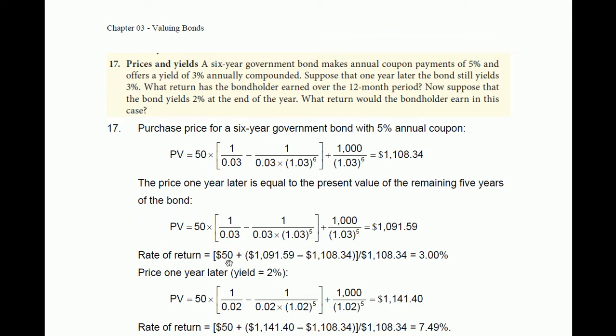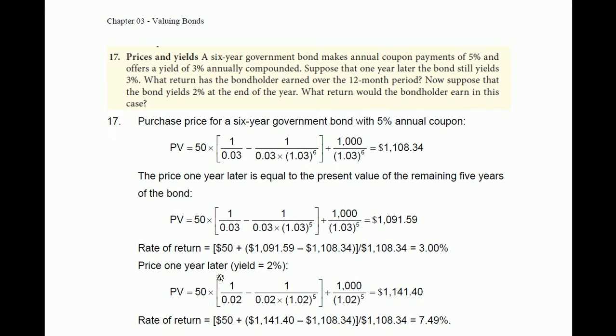So the rate of return would be, if we buy it today with 1,108.34 and sell it at this price, and we add the coupon, and this is our investment, so the rate of return would be 3%.